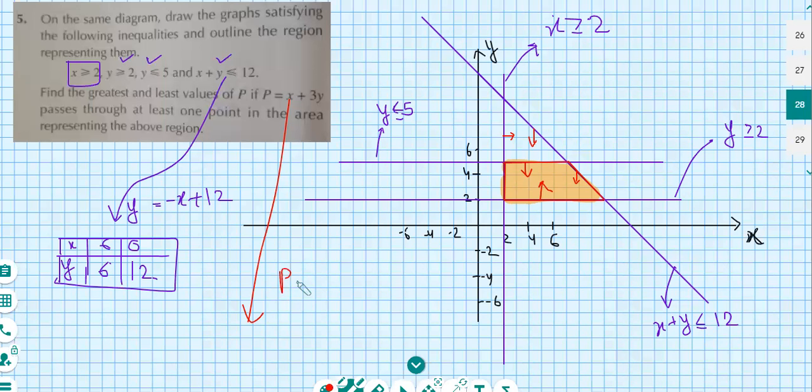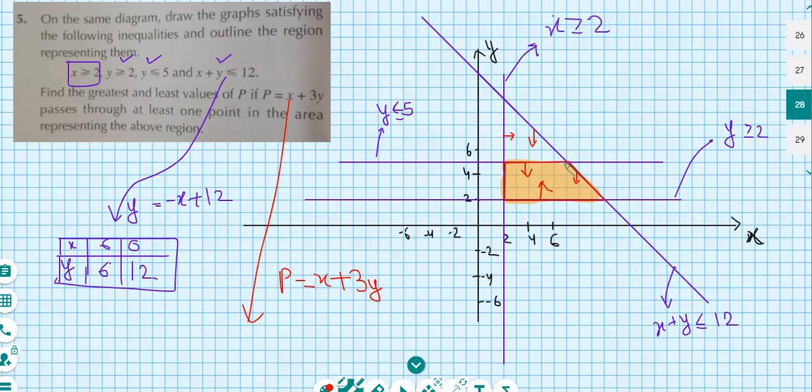It is p equals x plus 3y. Its value will be greatest if y is greatest, because if we add x plus 3 times y, it will give the maximum answer.